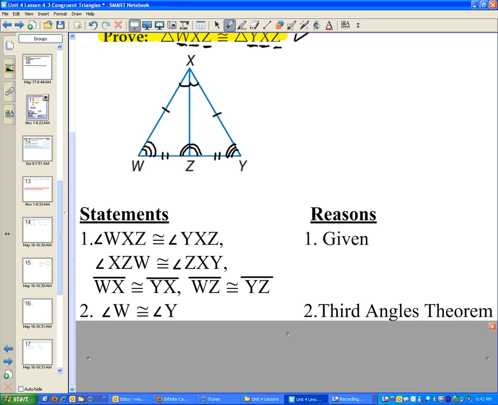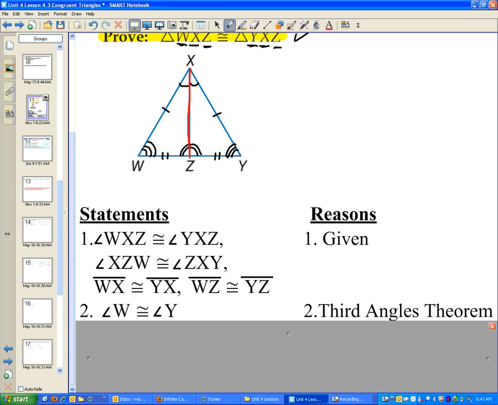I need another pair of congruent sides. Well, look at it. Look at everything that's marked. WX is marked as congruent to YX. WZ is marked as congruent to YZ. The other side of the triangle on the left is segment XZ. The other side of the triangle on the right is also segment XZ.